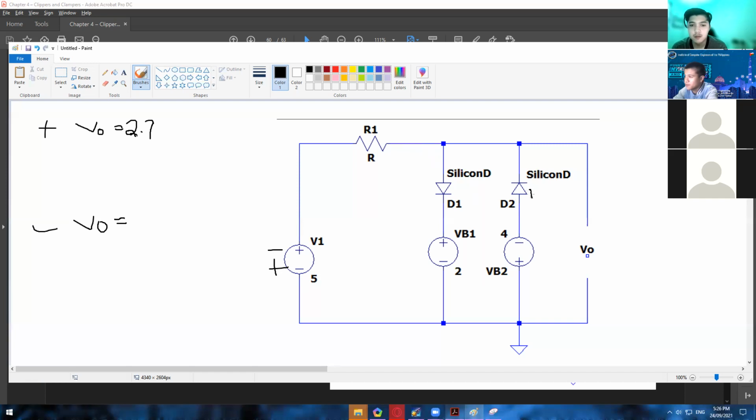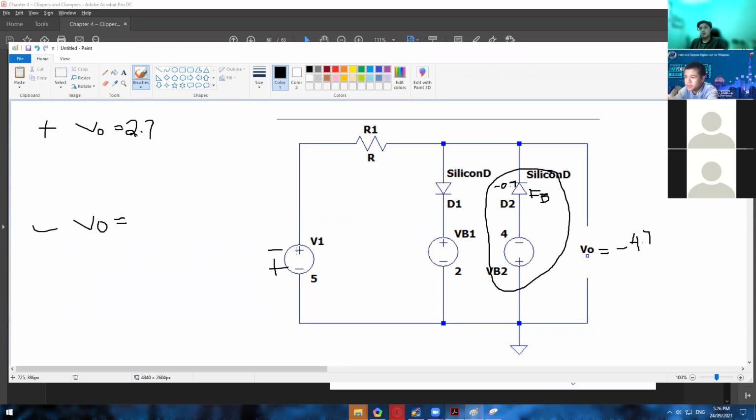So this will form a forward bias. As a result, if it's in a forward bias, we read the voltage output on this component right here. So we have negative 4 and then negative 0.7. As a result, negative 4 plus negative 0.7, we have negative 4.7.